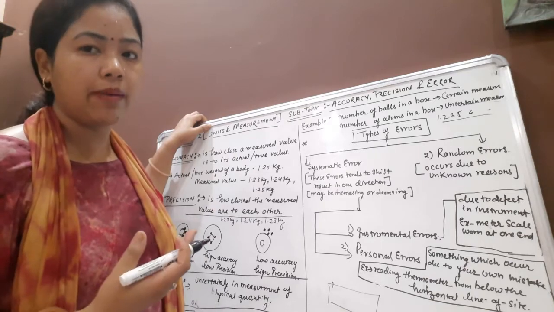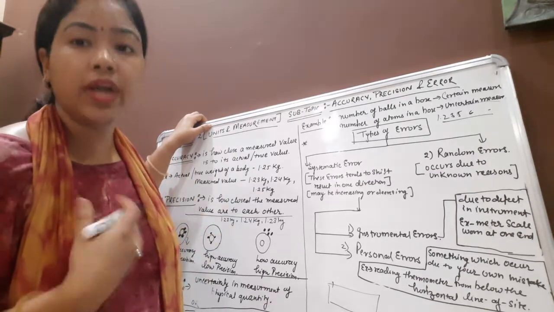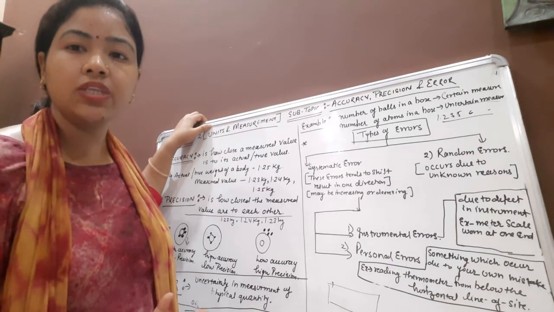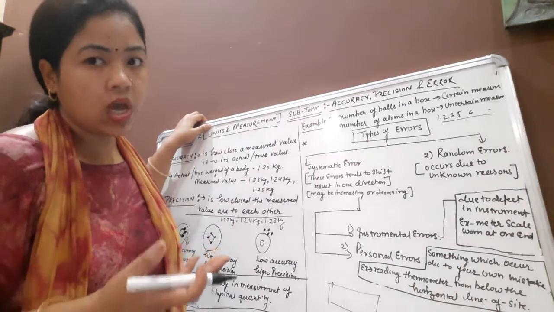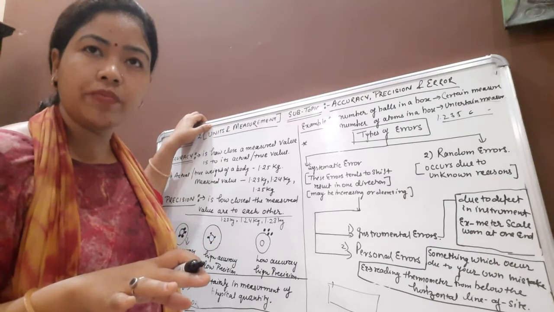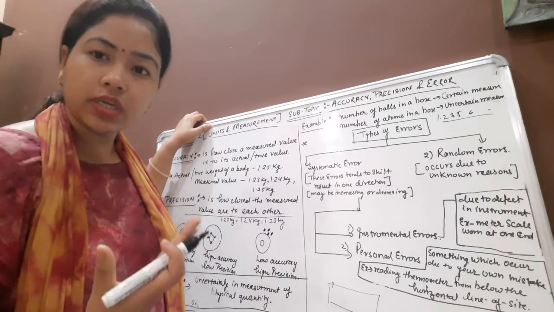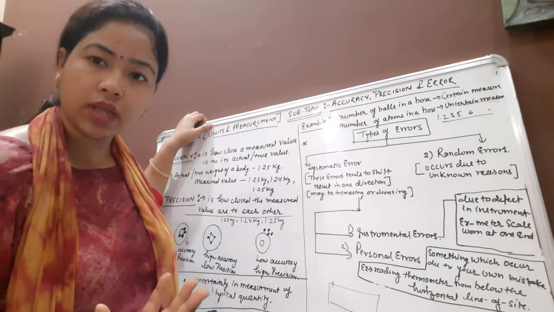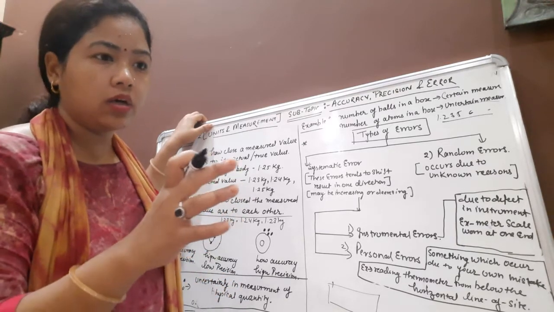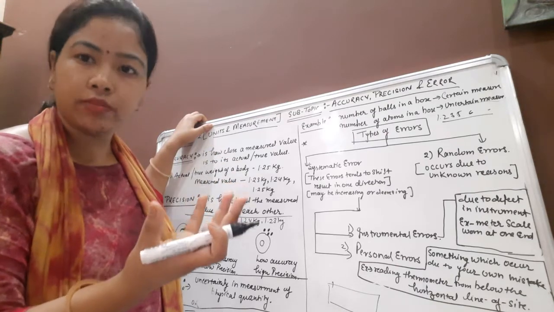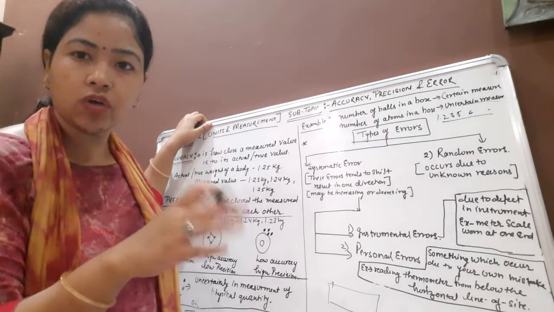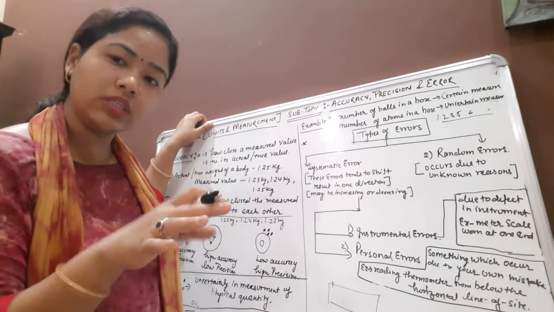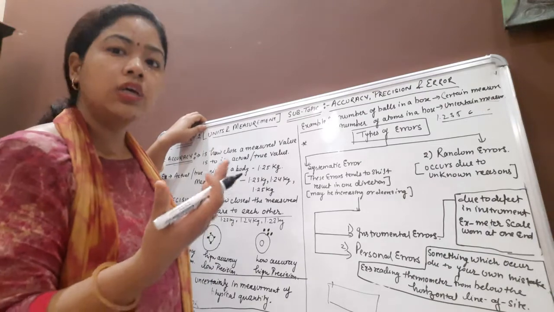Now if we are talking about errors, we have some more types of error. That means we have least count error. Least count error is basically related to the instruments. What is least count? Basically, the minimum measurement done by any instrument is calculated as the least count, right? Suppose an instrument minimum measures 1 mm, so the least count of that instrument is 1 mm. Suppose it may measure 0.1 mm, so the least count of that particular instrument is 0.1 mm.